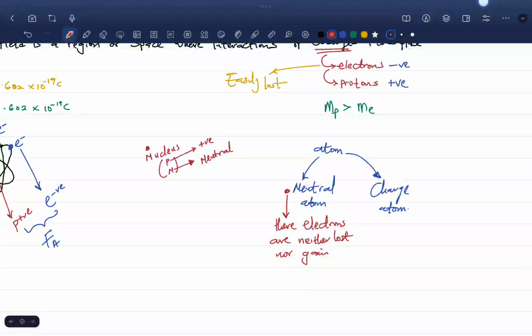But if an atom becomes charged, on the other hand, we can say that an atom can become charged either by gaining or losing electrons.